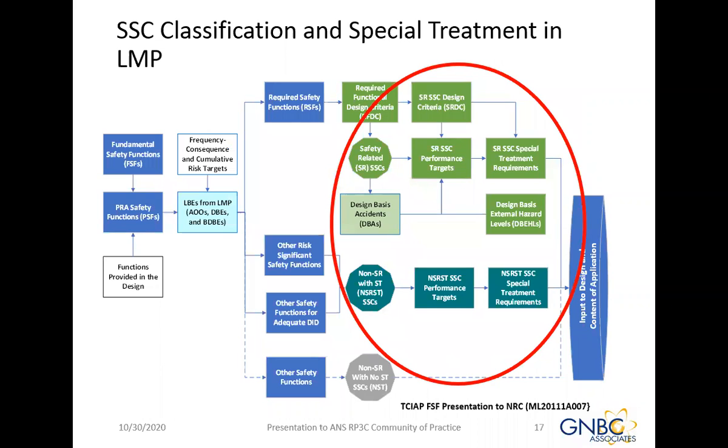I want to go back to this chart for a minute. The circle on this version of the earlier chart provides some emphasis on the integrated challenge from breaking the functional design outcomes that are more or less on the left-hand side of the chart down so that the designer can create component specification level information and special treatment requirements.